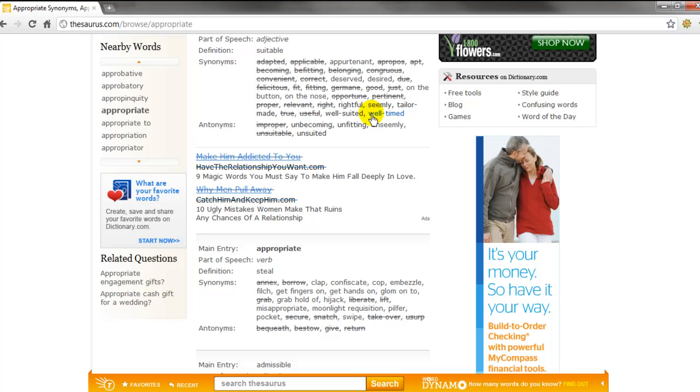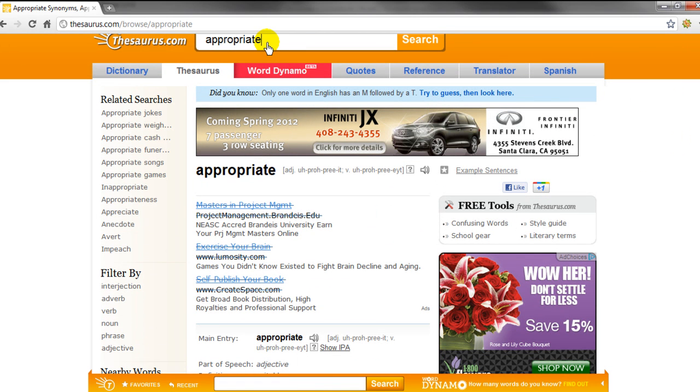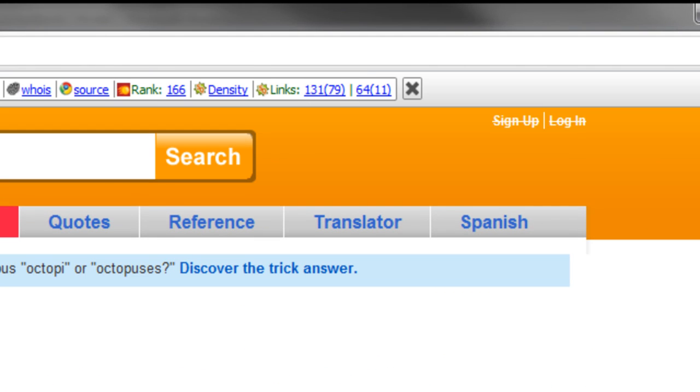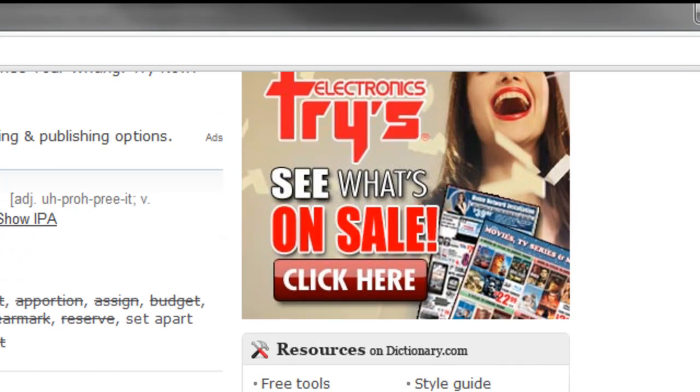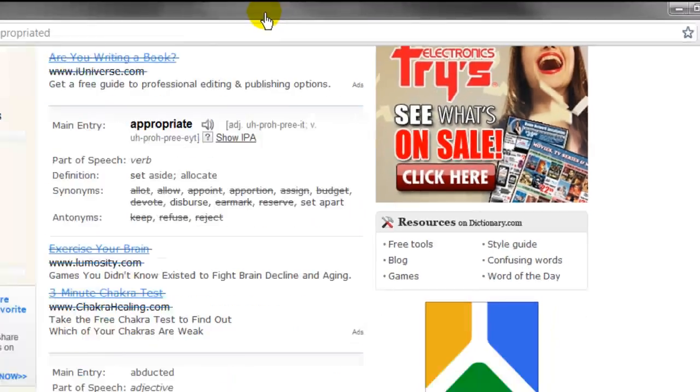Tailor-made, well-suited, desired. I think it's "appropriated." Let's see if we get a different synonym for appropriated. Yeah, this makes more sense: allotted, budgeted, dispersed, earmarked. So those could make sense.